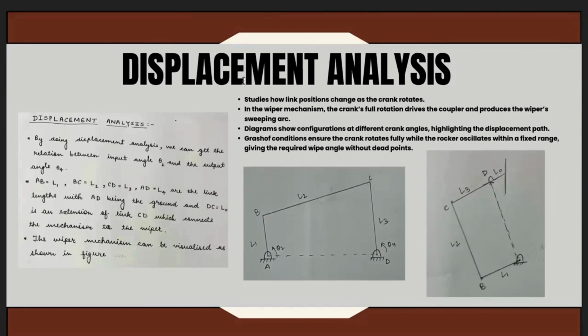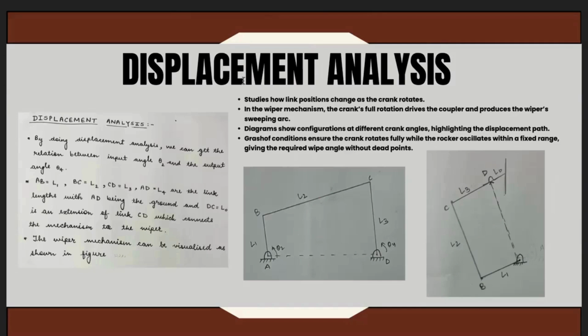As we already know B and C, we can find the distance between them using the Euclidean distance formula. So we get the distance between B and C as the square root of (L1 plus L4 cos theta 4 minus L2 cos theta 2) whole square plus (L4 sin theta 4 minus L2 sin theta 2) whole square.